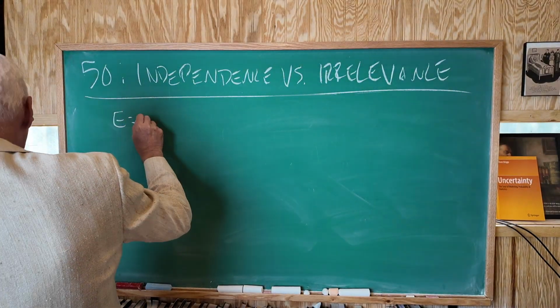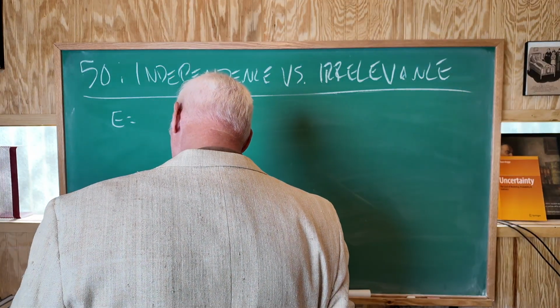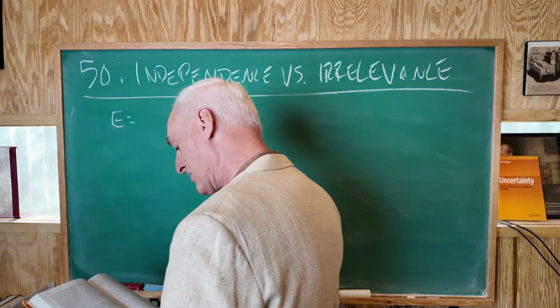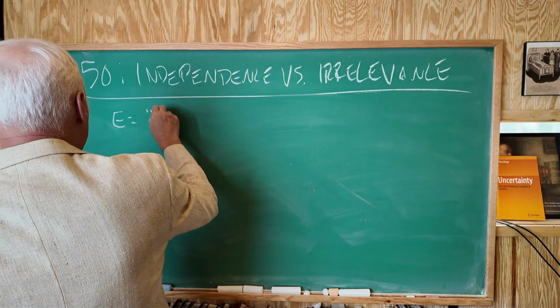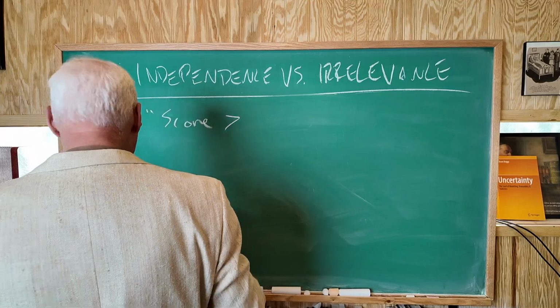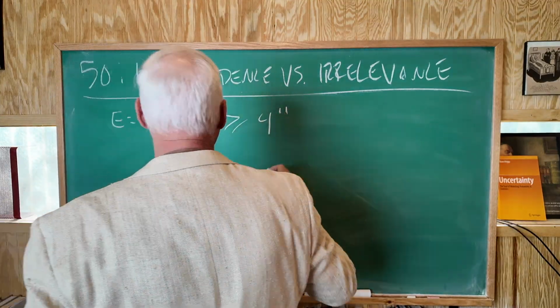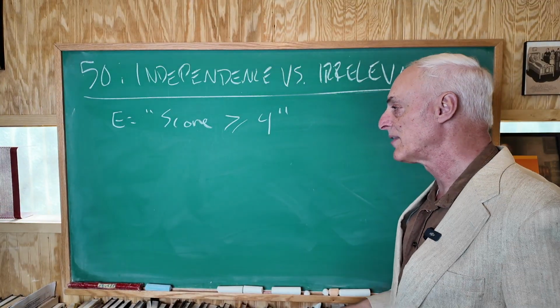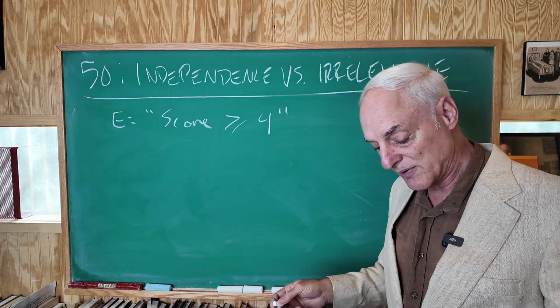So I'm going to have this proposition E here. I want to make sure I use the same thing. Okay, the score on some game is going to be greater or equal to 4. We have some game and we're keeping score, and the score is going to be greater or equal to 4.